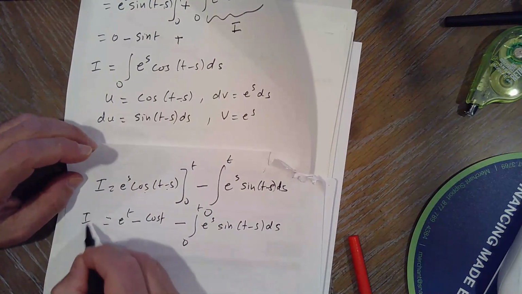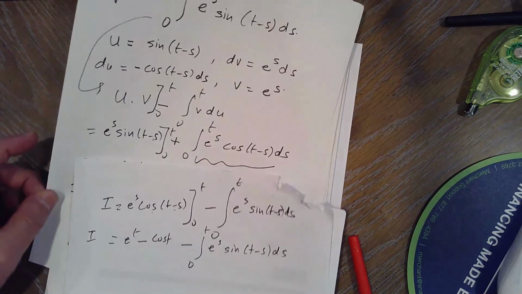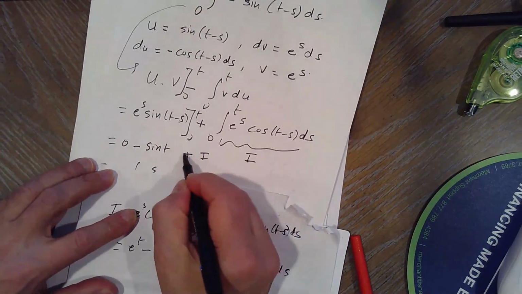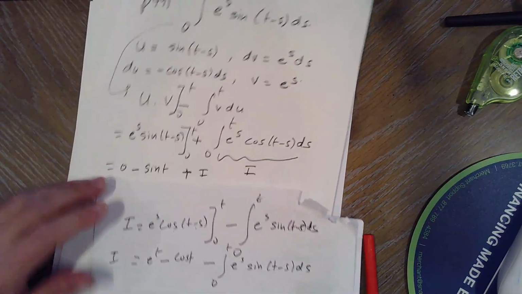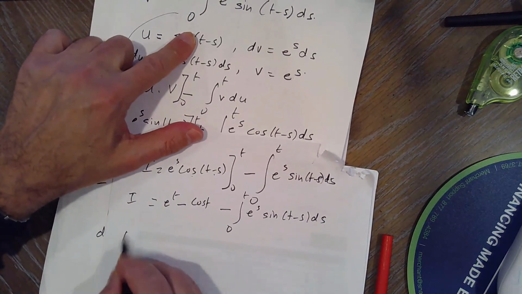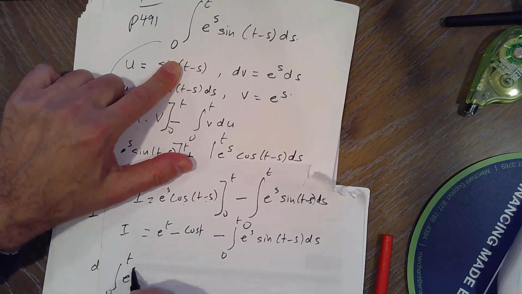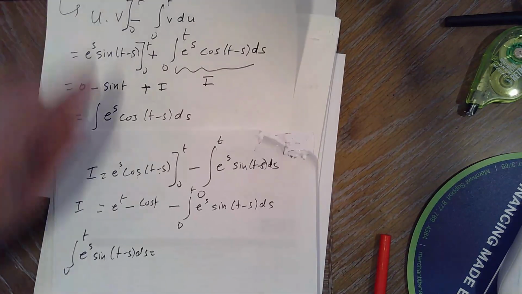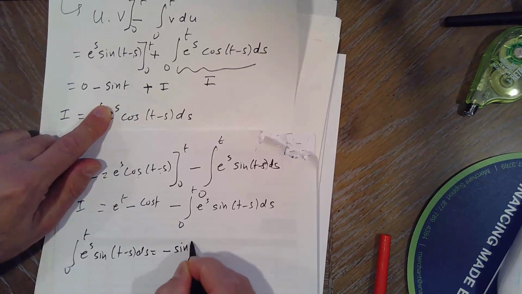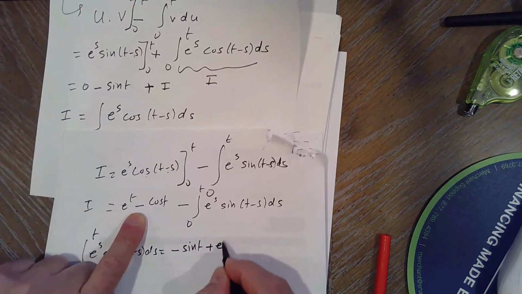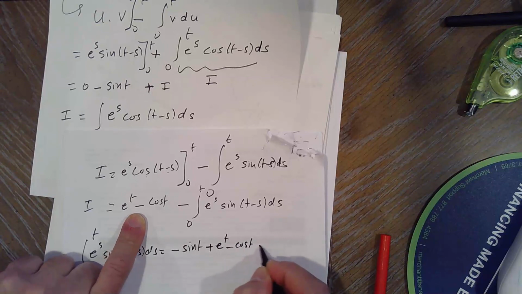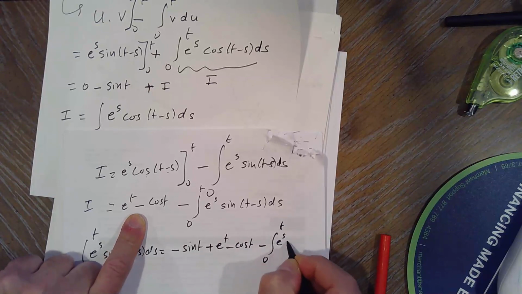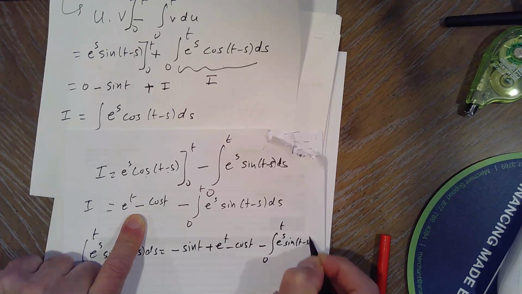So all this is I, put it back there, plus I. Look what I have: the original integral from 0 to t of e to the s sine of (t minus s) ds equals negative sine t plus I, which is all this, minus the integral from 0 to t of e to the s sine of (t minus s) ds.